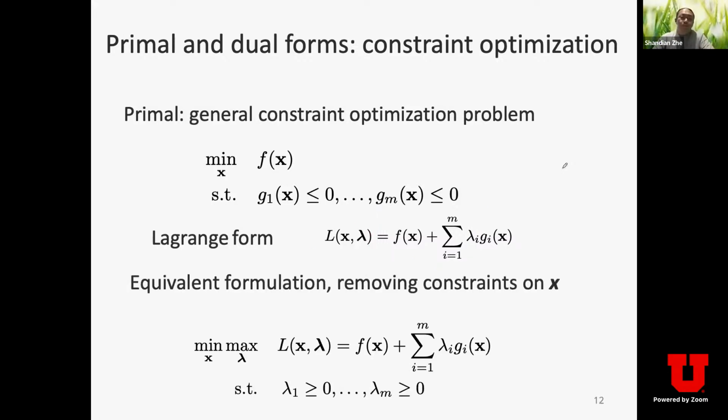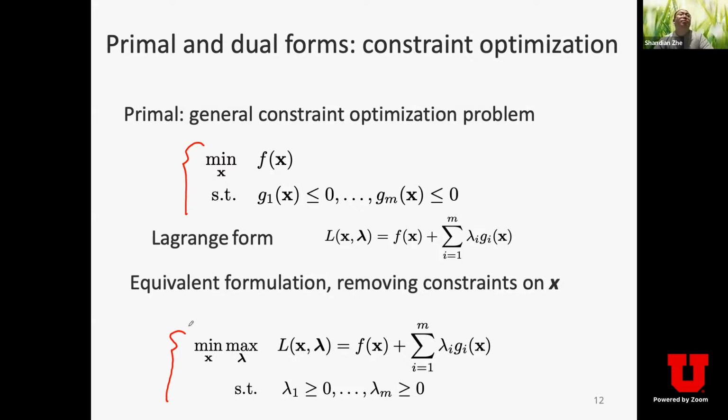We can show that solving this optimization problem is equivalent to optimizing the Lagrange function with respect to both x and the Lagrange multipliers lambda. But this second optimization problem is a little bit non-trivial.